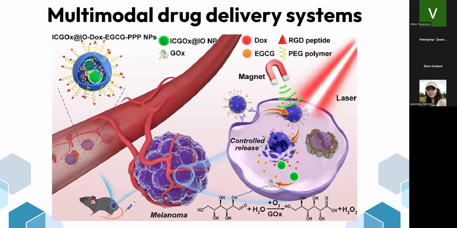The next example deals with the development of multimodal systems that integrate therapeutic, imaging and targeting components. One of the most promising combinations for multimodal drug delivery systems is the integration of radionuclides and fluorophores.